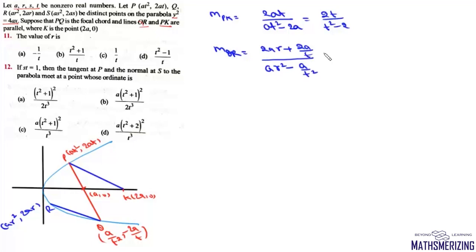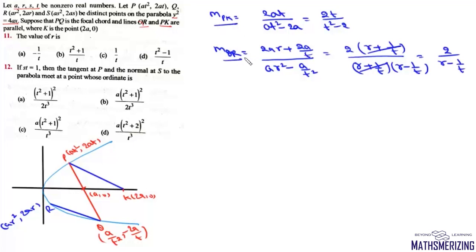So now here we'll cancel a. So we'll get 2 times r plus 1 upon t, and here we'll get r square minus 1 upon t square. So it will be a plus b, a minus b. So it will be r plus 1 upon t and r minus 1 upon t. So we'll cancel. So we'll get this as 2 upon r minus 1 upon t.